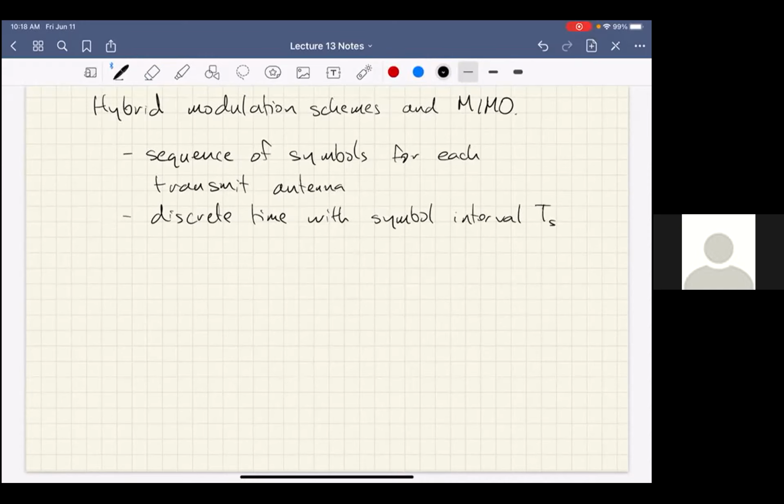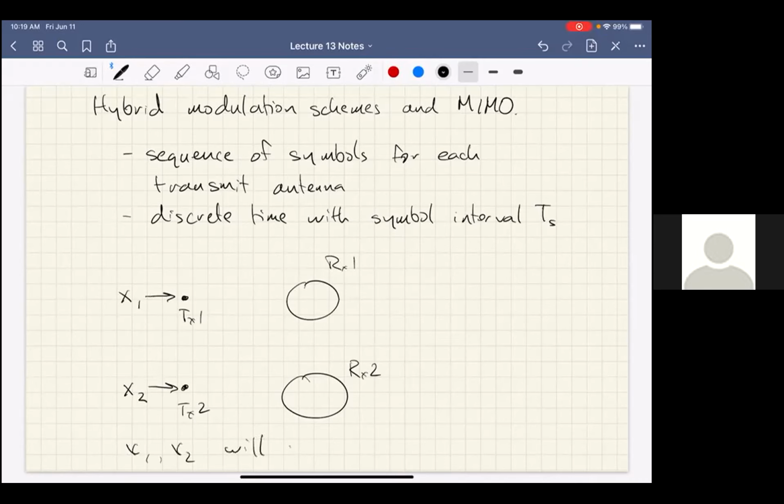So the kind of setup we're looking at here, again, just for example, we have 2 transmitters, 2 receivers. They're both spherical. And what we're going to do is input sequences X1 and X2. And X1 and X2 will consist of numbers of released molecules.